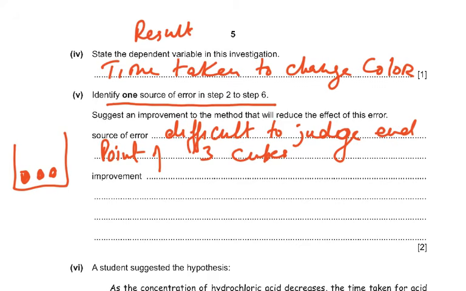It's taking 10 seconds, and 11, then 12. And then you were also thinking of the first one, okay, the first one's done, okay, the second one's done, okay, the third one's done. Well, you were a little confused. So the improvement could have been to use 3 observers to identify the color change.